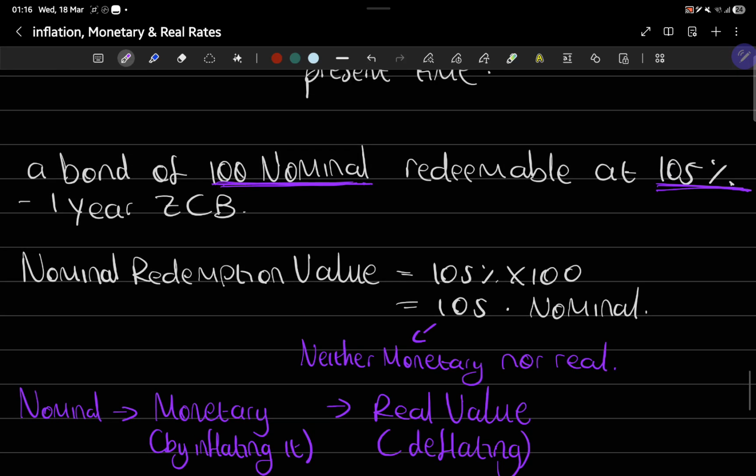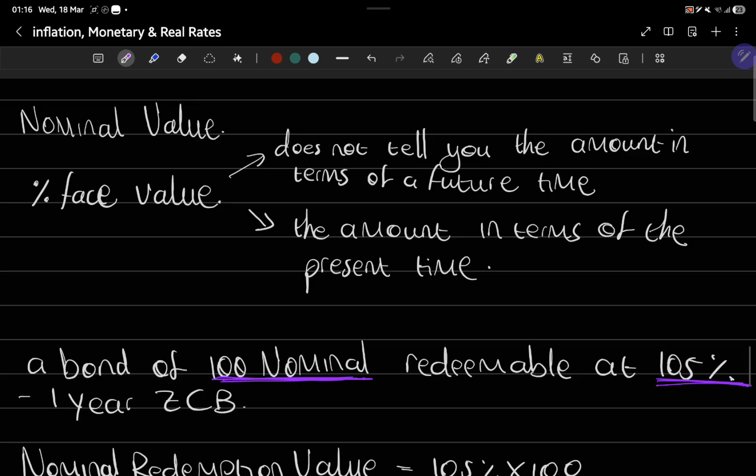But just to confirm this, a nominal value is a percentage of a face value that you'll be given. Let me say that again. A nominal value is a percentage of a face value that is neither monetary nor real, because it does not tell you the amount in terms of the future purchasing power or the future time, and it's not real because it does not tell you the amount in terms of the present time.